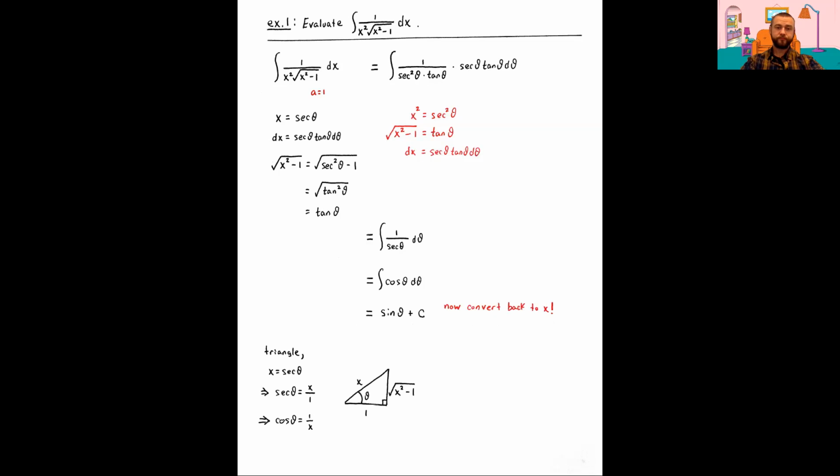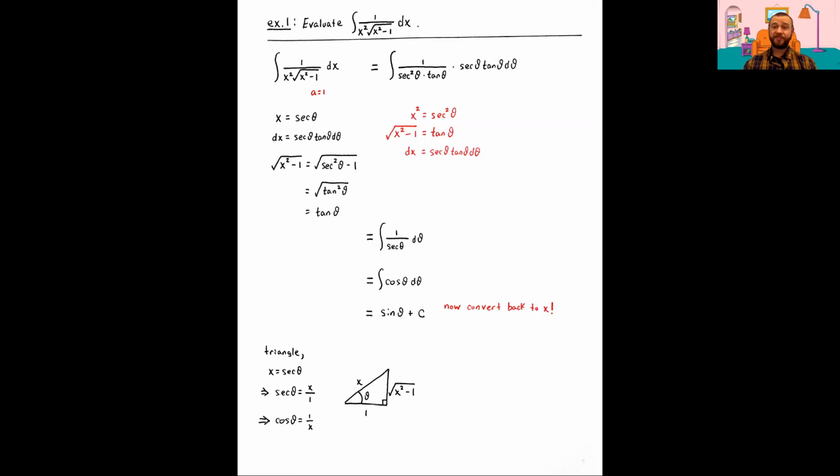And because I'm lazy and I just want to use basic SOHCAHTOA, I rewrite secant and reciprocate to get cosine. Basic SOHCAHTOA applies to cosine. So if secant theta equals x over 1, cosine of theta reciprocates to 1 over x. Now we can apply basic SOHCAHTOA.